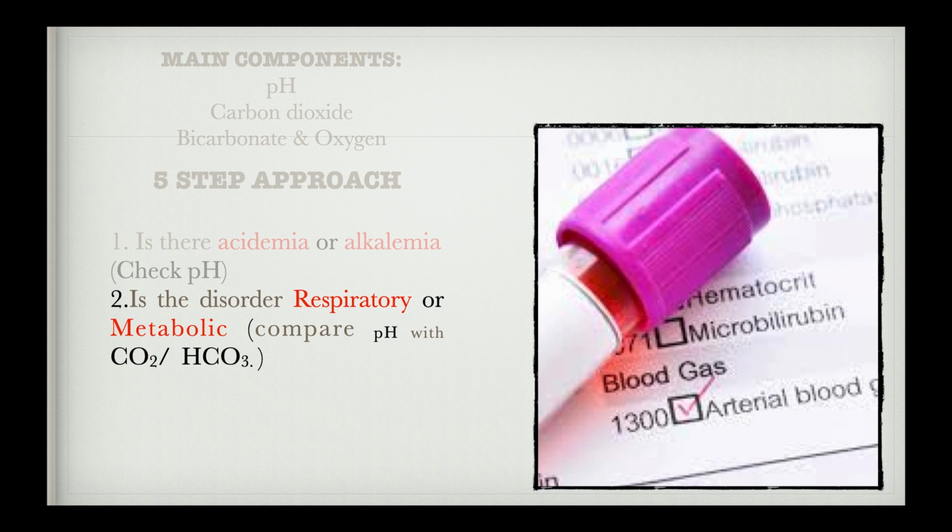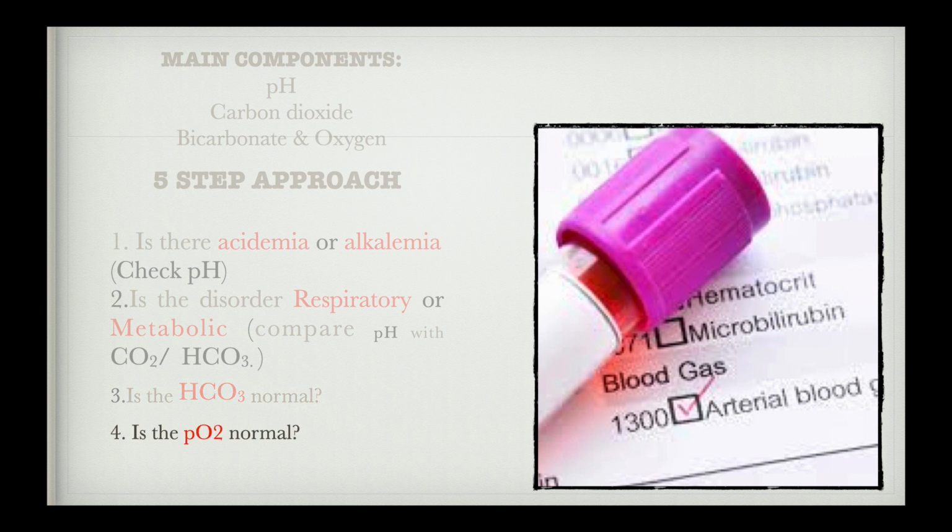And to find out, you must compare your pH with the partial pressure of carbon dioxide as well as the bicarbonate. Then the third question you must ask yourself is, is the bicarbonate normal? Also, is the partial pressure of oxygen normal? Then finally, you must identify if there is any compensation. Now, these are the 5 steps we are going to use in analyzing our arterial blood gas.